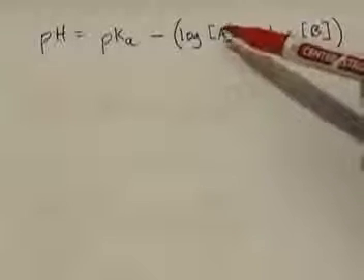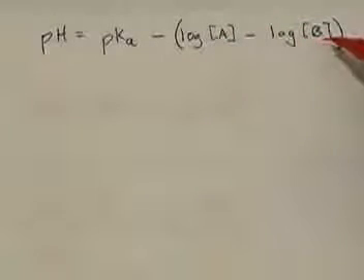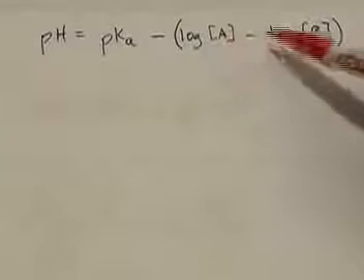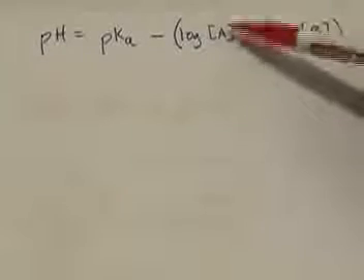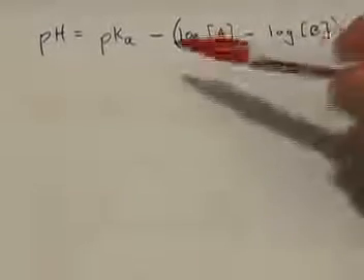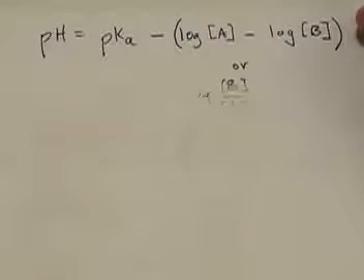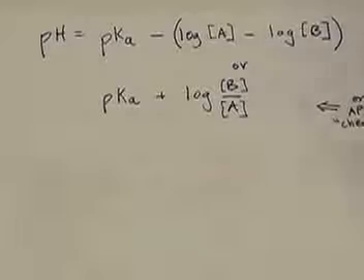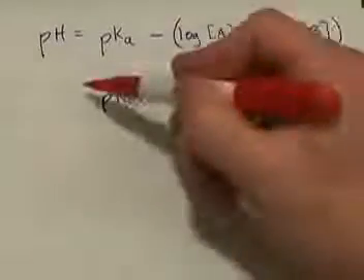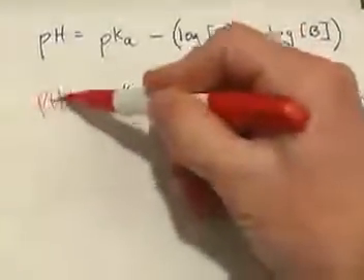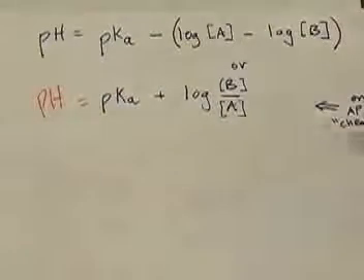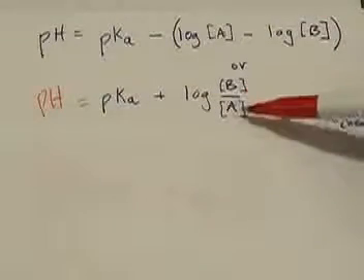But remember, when you have the acid divided by the base, you can split it up and write it as the log of A minus the log of B, A meaning acid, B meaning base. Now if I distribute this negative in here and then recombine it, I can actually get the equation pH is equal to pKa plus the log of base over acid.